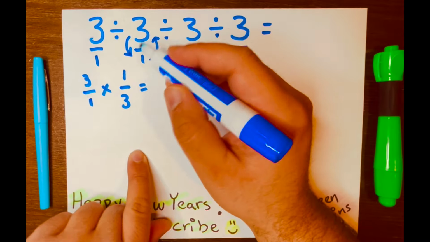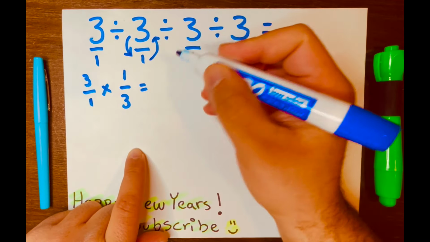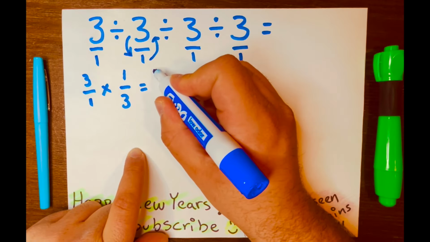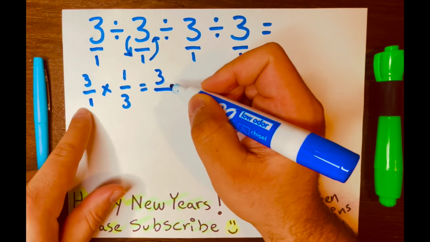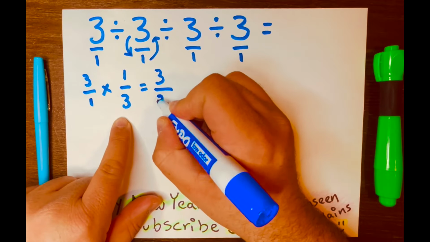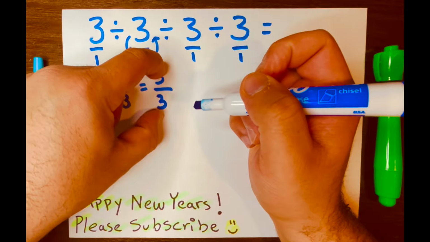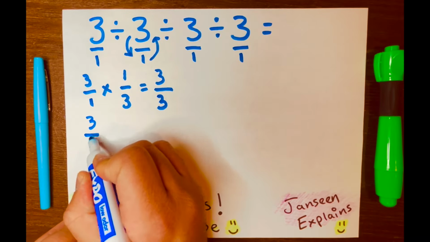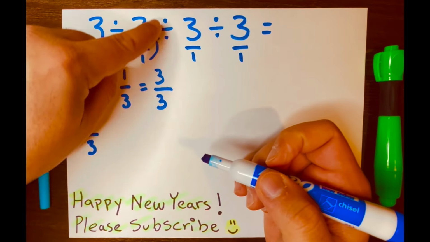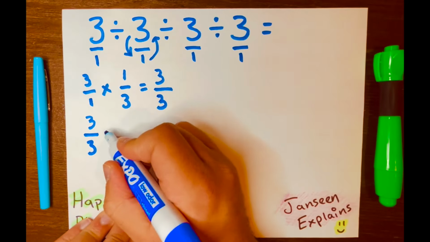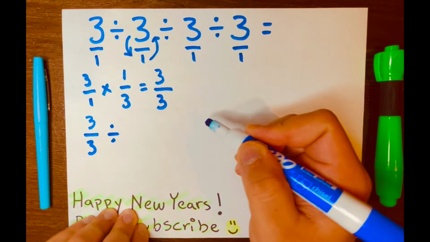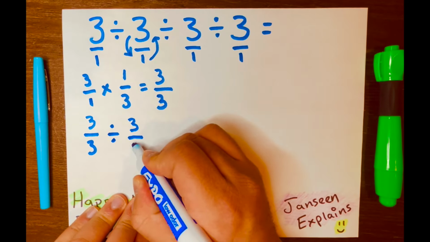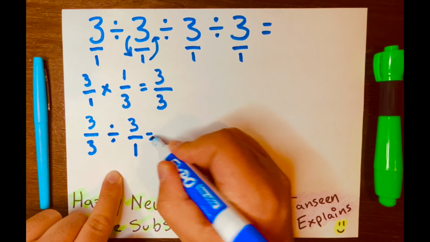All right, so 3 times 1 is what? Because we're multiplying across. 3 times 1 is 3, and 1 times 3 is 3. Then you keep this 3 over 3, and I'll write it here. And then bring this division symbol down, and then bring the 3 over 1 down. 3 over 1 equals.